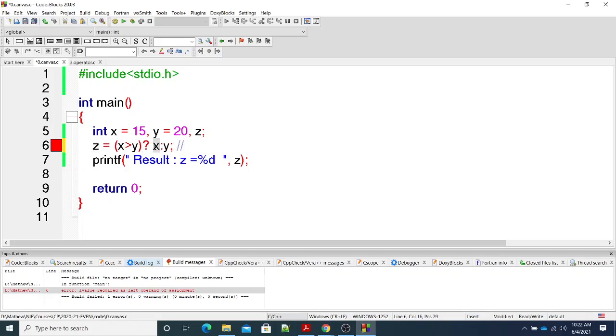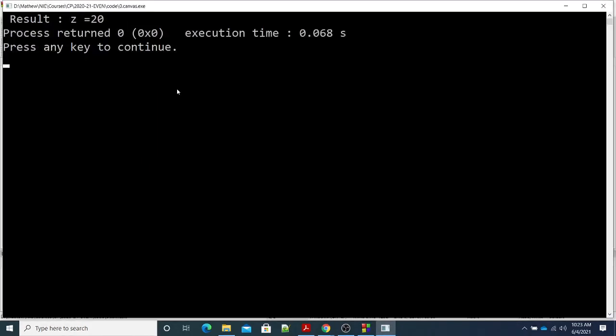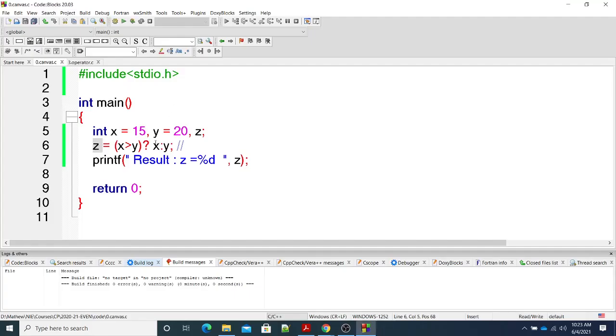So x is having the value 15, that would be assigned, but x greater than y is false now, so this is not going to execute, this is going to execute. So y is equal to 20, 20 will be assigned to the LHS. So if I execute this, I will get z is equal to 20, the larger of 2.